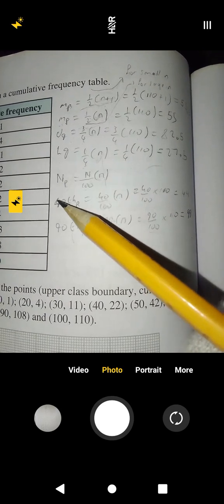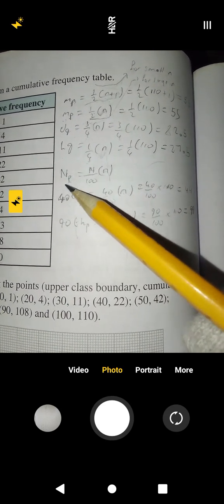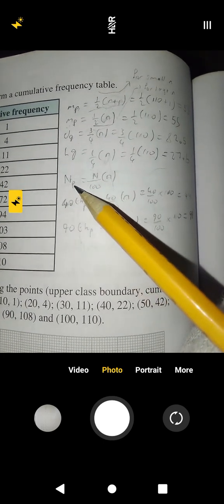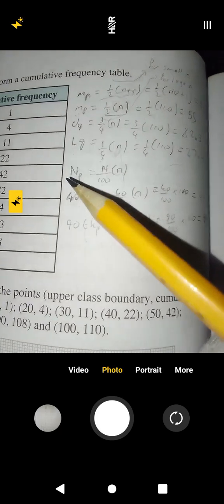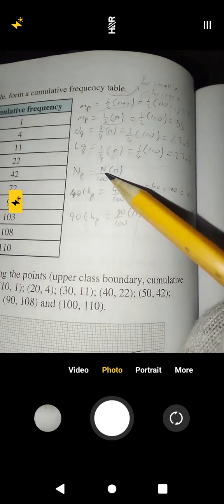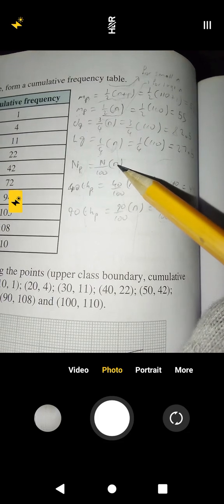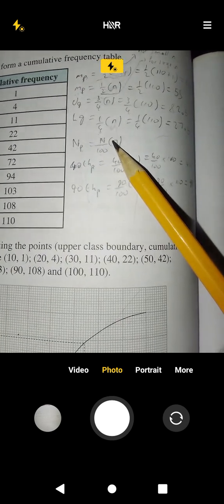And then this is the nth percentile position. Last time we did the nth percentile position to be n over 100 times n plus 1. That was because n was small. So this time n is large, so we use just n.